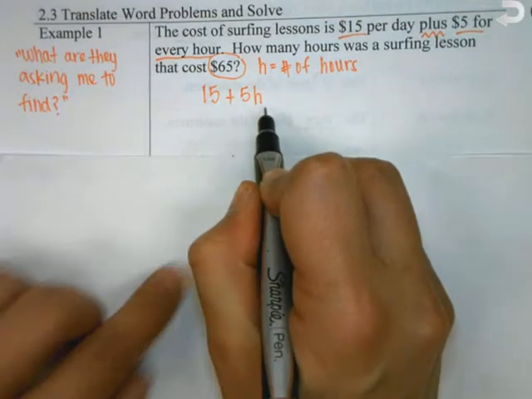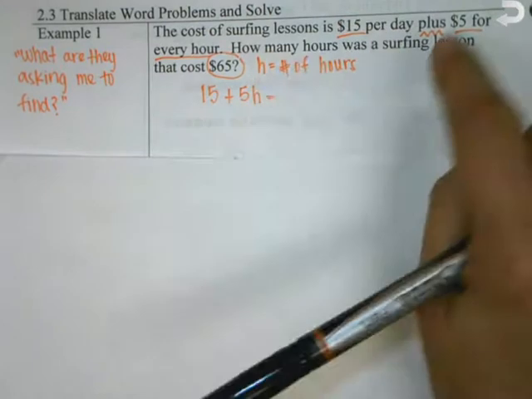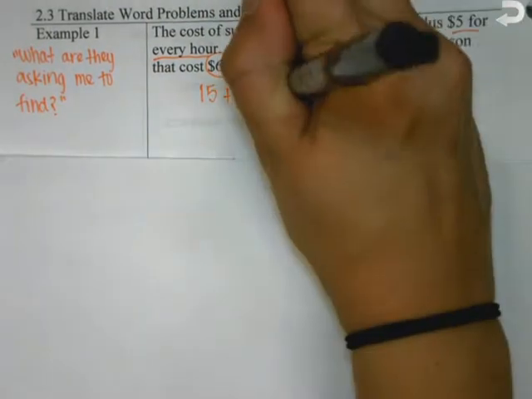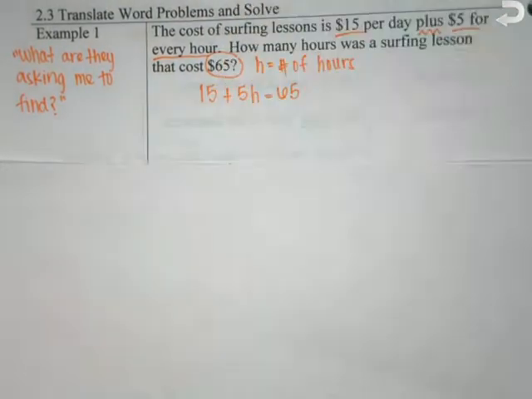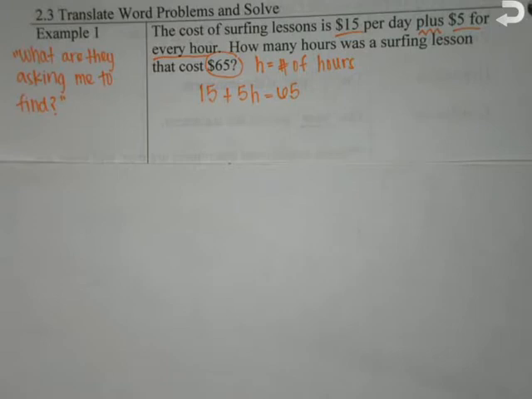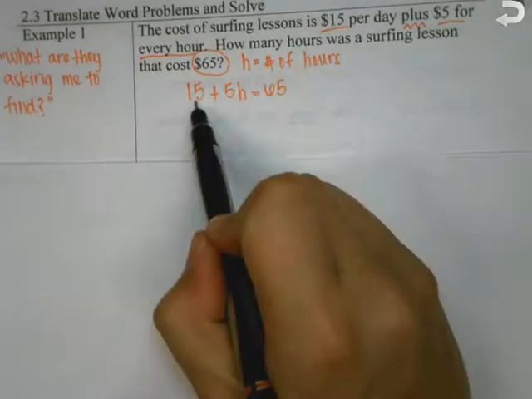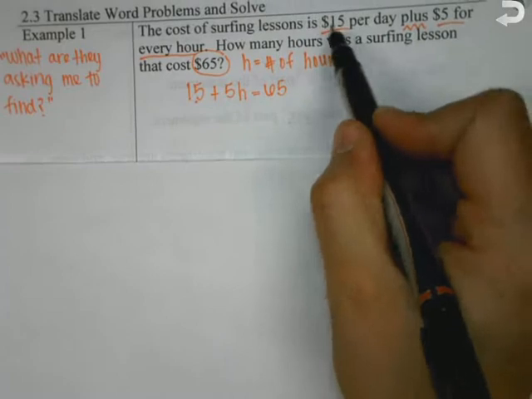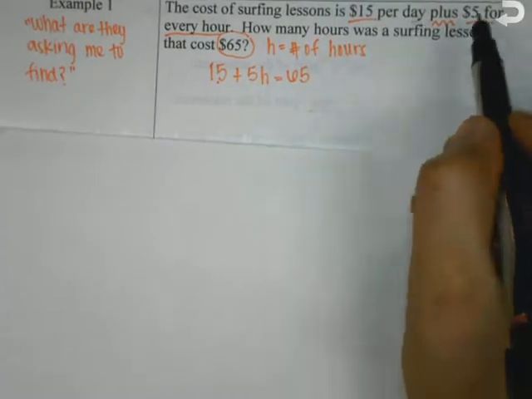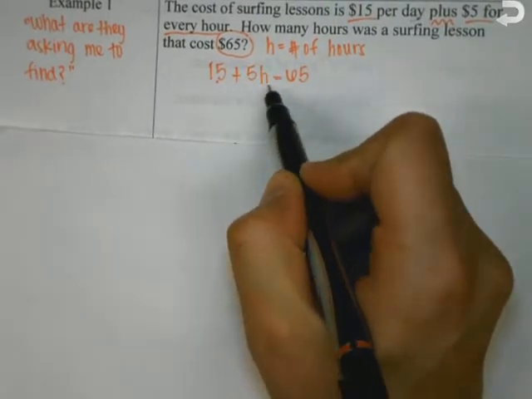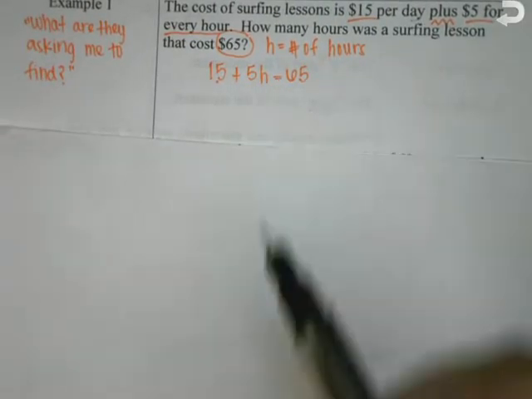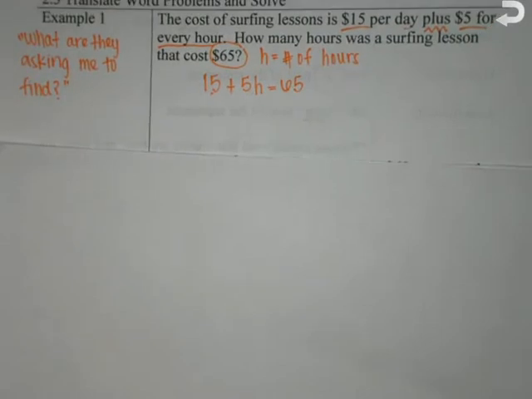And that should equal what? 65. So now let's take a look at our equation and read it again to make sure it makes sense. $15 for the day, so I'm going to be paying $15 no matter what, plus $5 times the number of hours should equal 65. So how will I solve this two-step equation?